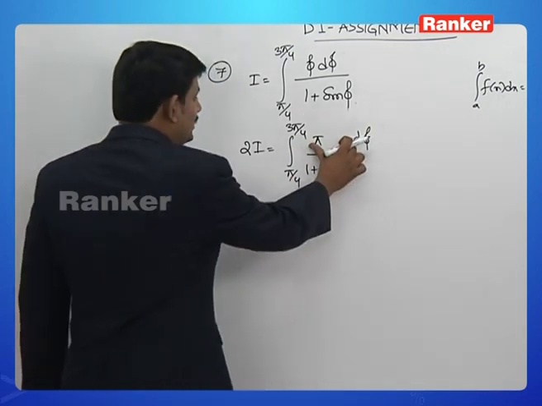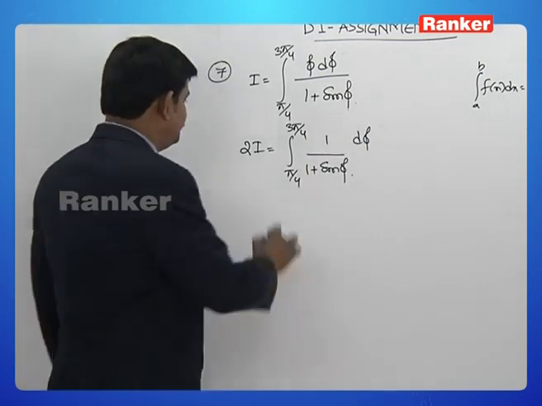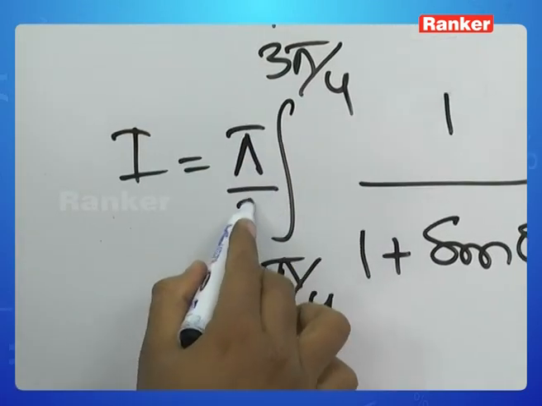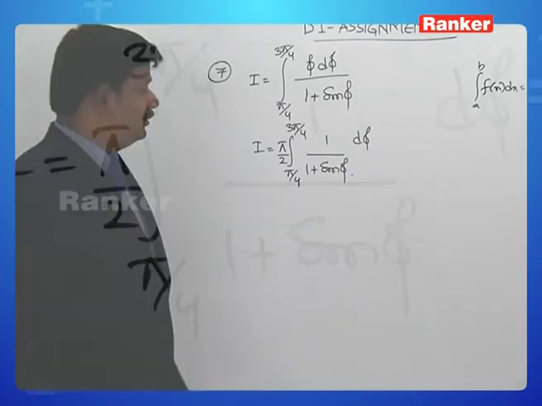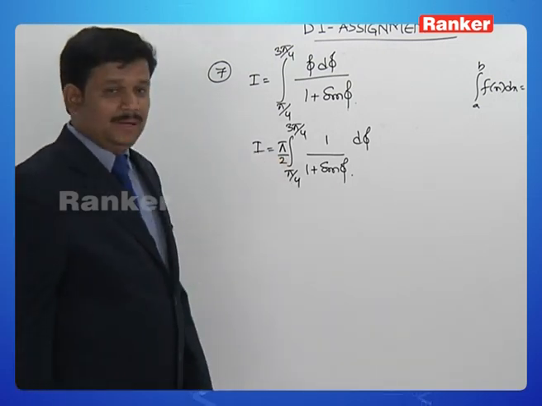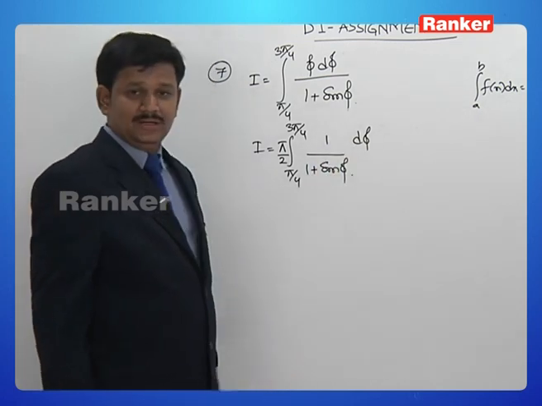I can bring this pi out. Let me divide by 2 throughout: I is equal to pi by 2 into the integral from pi by 4 to 3 pi by 4 of 1 by 1 plus sin phi d phi.